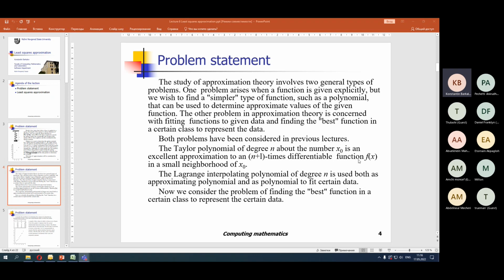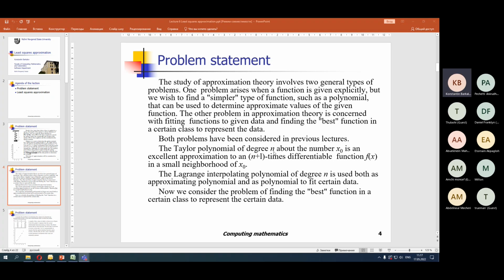We used this type of approximation when we derived the formulas for numerical differentiation or numerical integration.